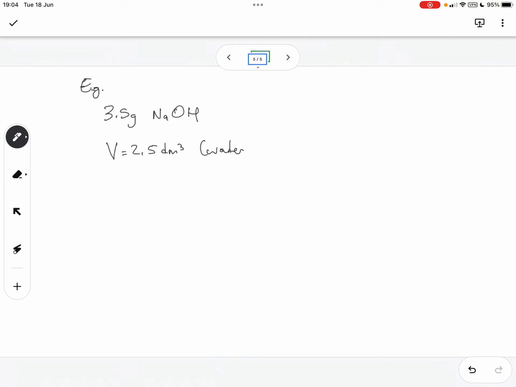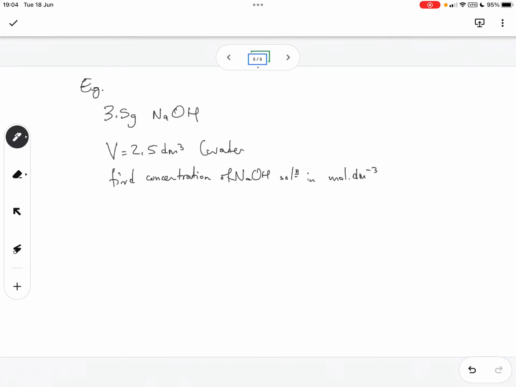And we must find the concentration of the sodium hydroxide solution in moles per dm cubed.